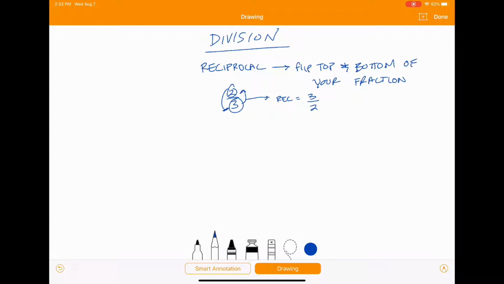So when you're dividing, you actually just multiply by the reciprocal.